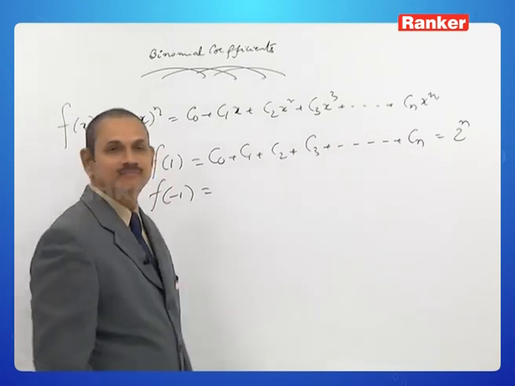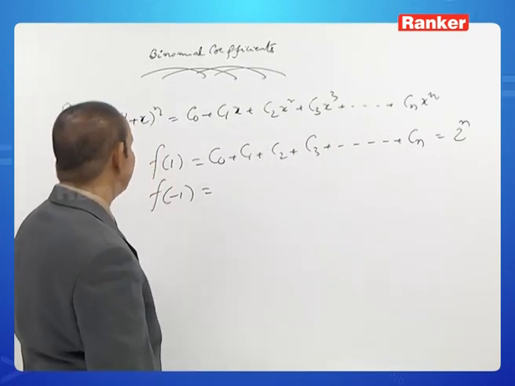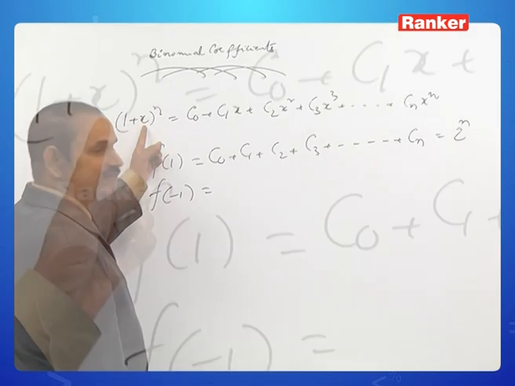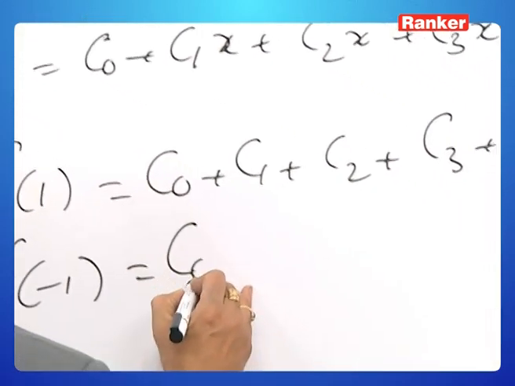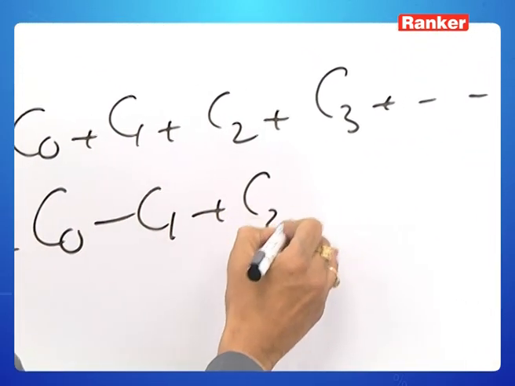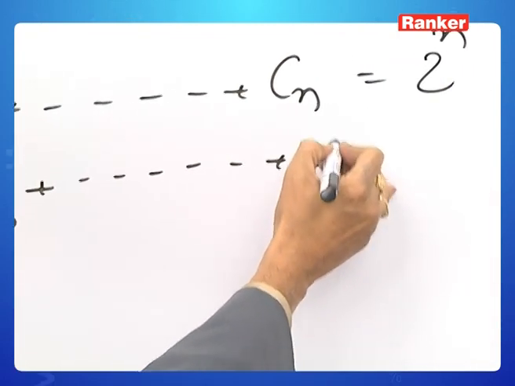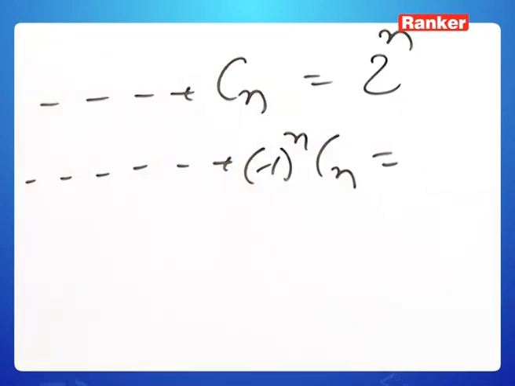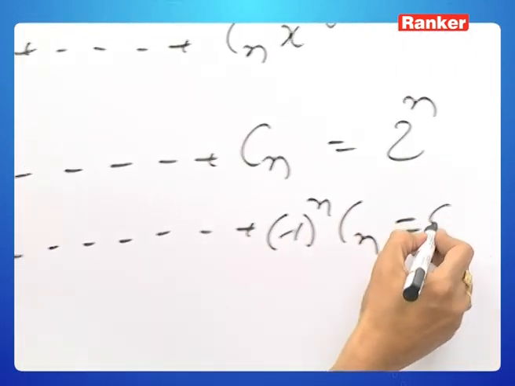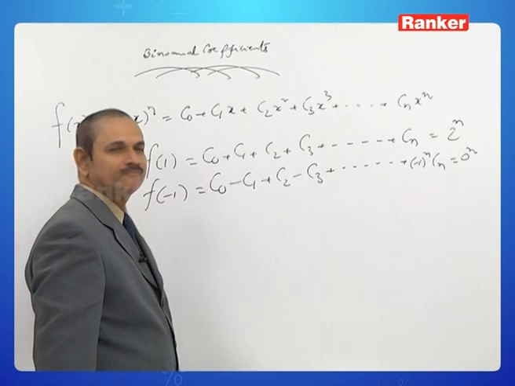What happens to f(-1)? You please observe. f(-1): 1 - 1 is 0 of course, and here it is C0 - C1 + C2 - C3 + C4 - etc. + (-1)^n Cn, which is 0^n, that is 0. Good.